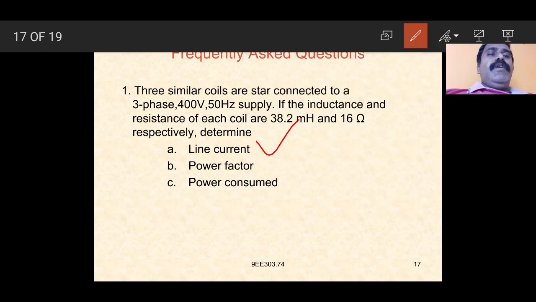So we get the value of the line current. In this way we can find the line current and power consumed here.